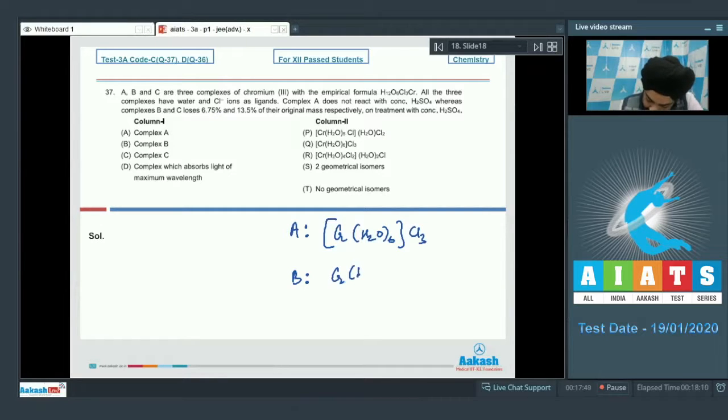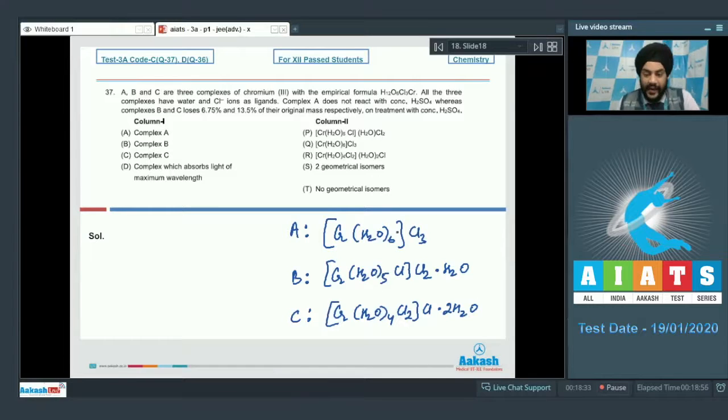So we have [Cr(H2O)5Cl]Cl2·H2O. Whereas if we talk about compound C, it loses 13.5% of its mass as water molecules. So it has to be 2H2O, since the first compound lost 6.75%. So we are going to have [Cr(H2O)4Cl2]Cl·2H2O.